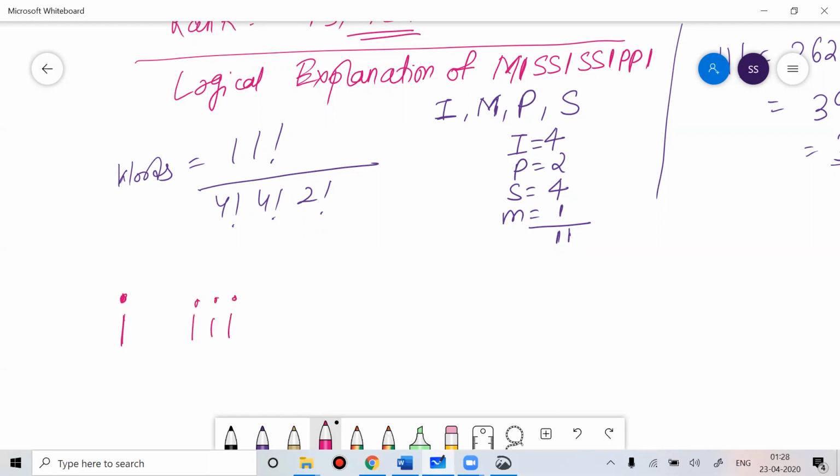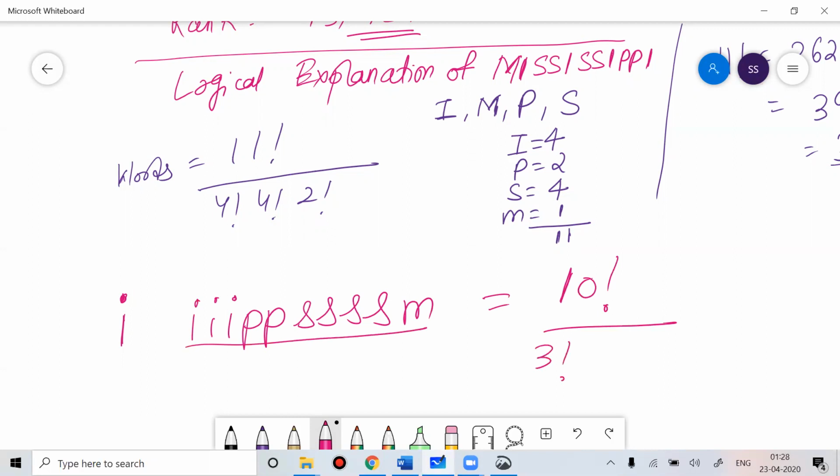Total 4 I's are there, then 4 S, 2 P, then 1 M. So I total 11, so it should be 10 factorial divided by 3 factorial, 4 factorial, 2 factorial. The value you'll get is 12,600. So with I, you can make 12,600 words.